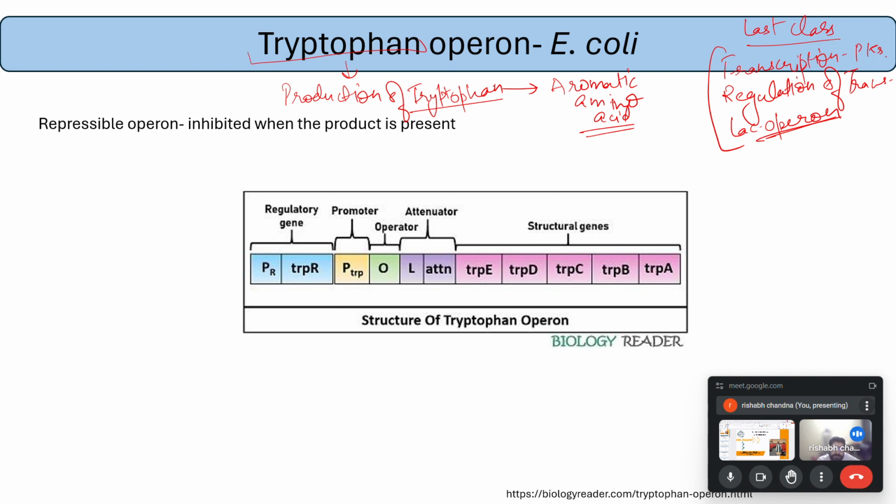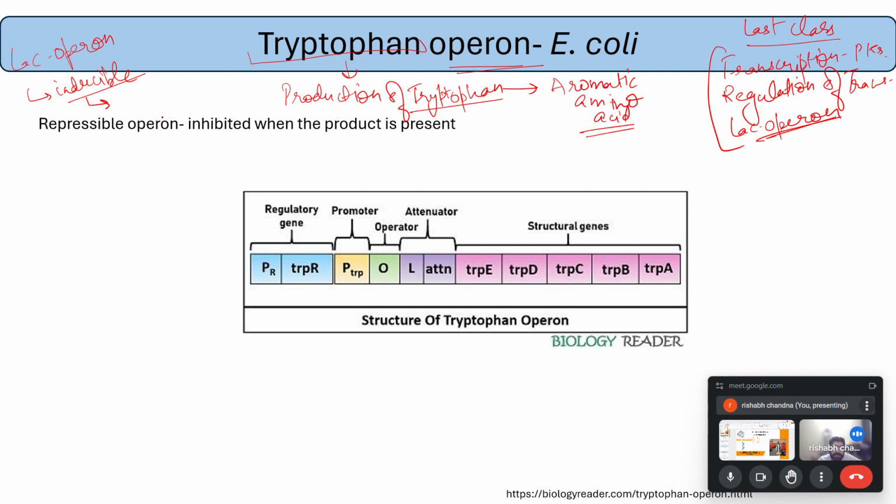Now, the lac operon was the example of an inducible system. That means the products were produced only when the metabolite was present in the system.